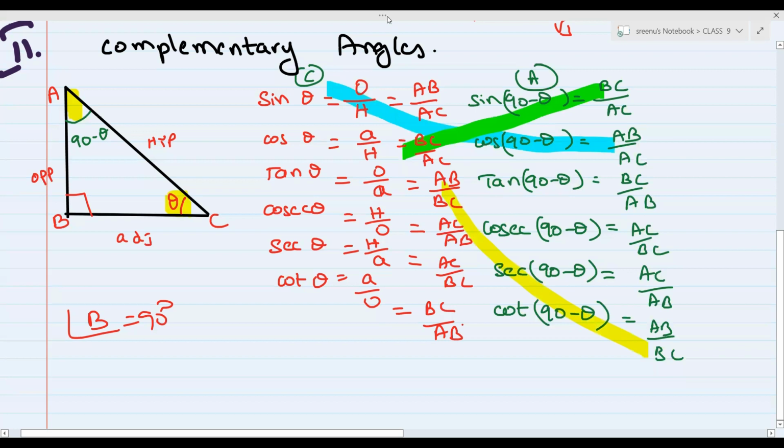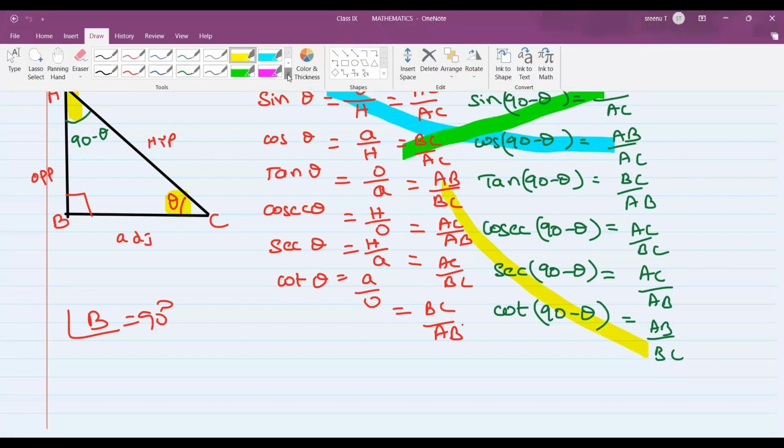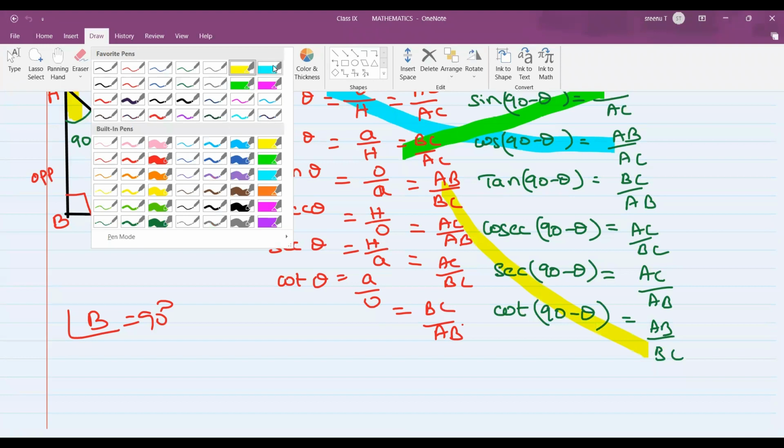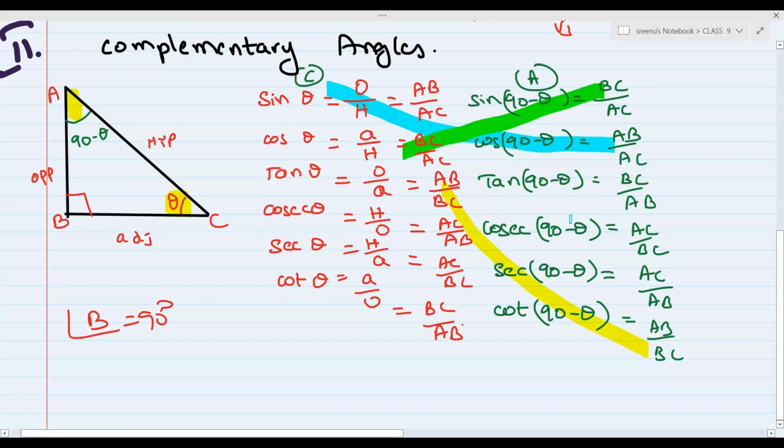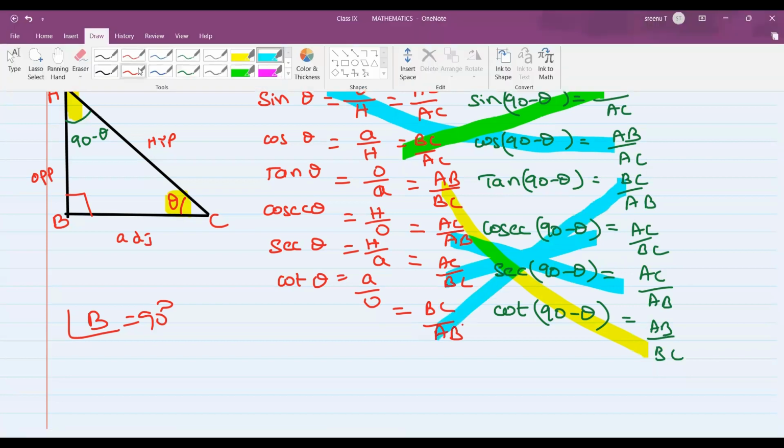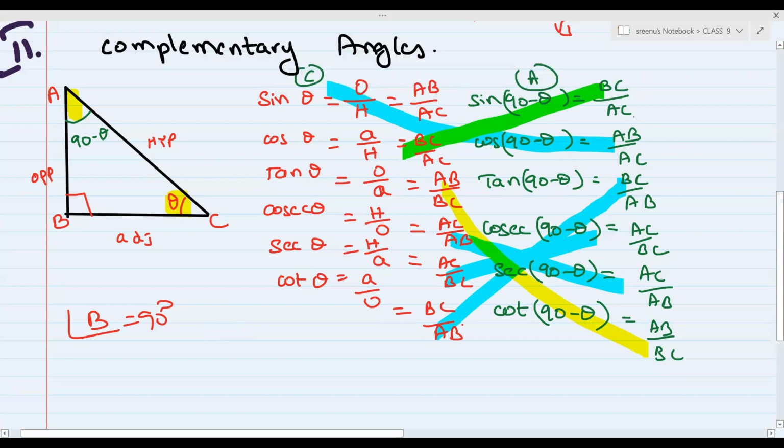Next, AC by AB, secant. Next, AC by BC, the cosecant. This is cot. So why do we do this matching? I will clarify. So here I will write on the right side.